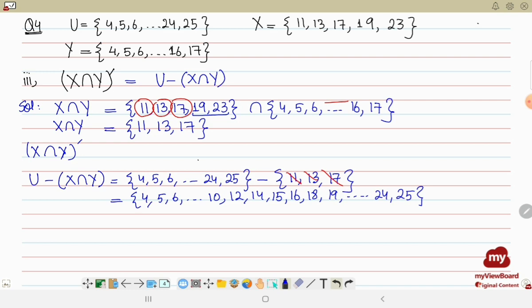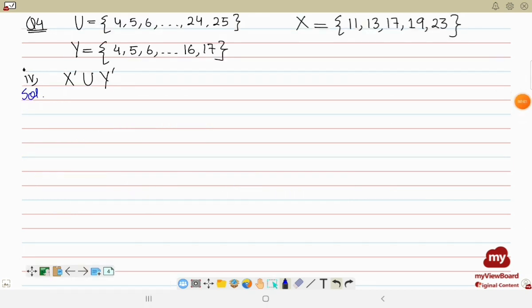So this is the X intersection Y whole complement. First you are going to take the X intersection Y, and then you will be taking the complement of it, that is you will be removing this set from the universal set and you will be writing down the remaining elements of the universal set in the complement of that set. I hope you understand the sum.